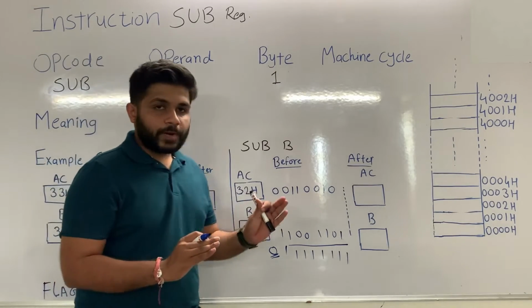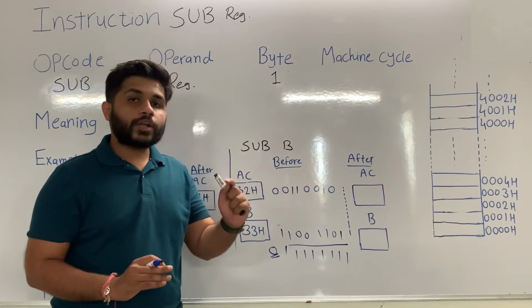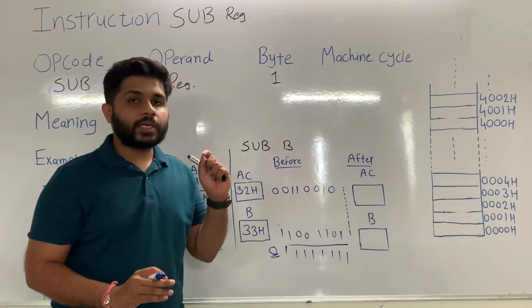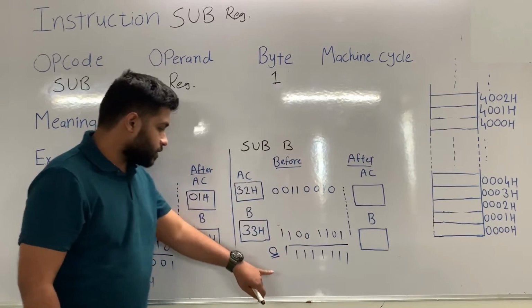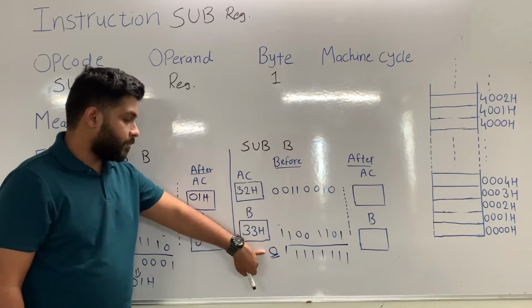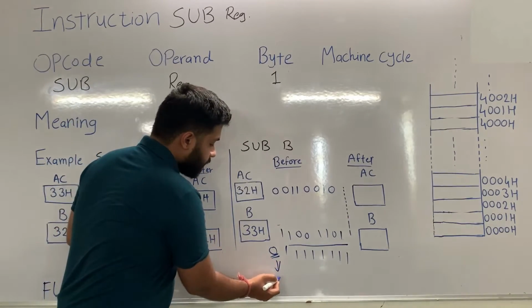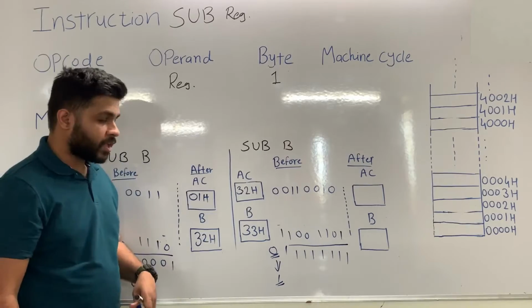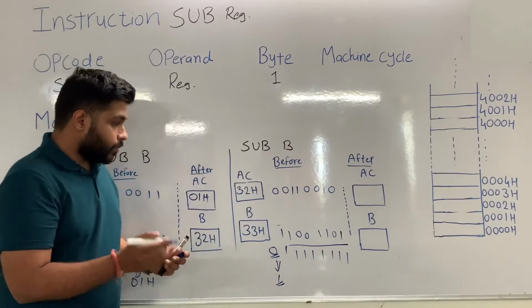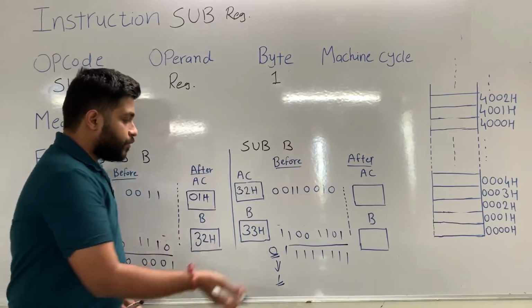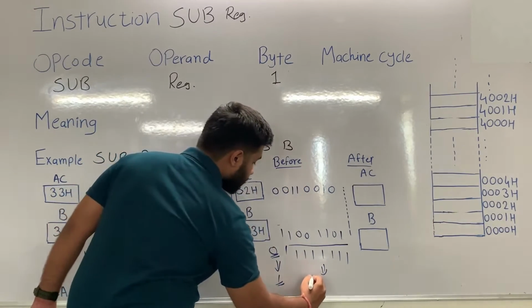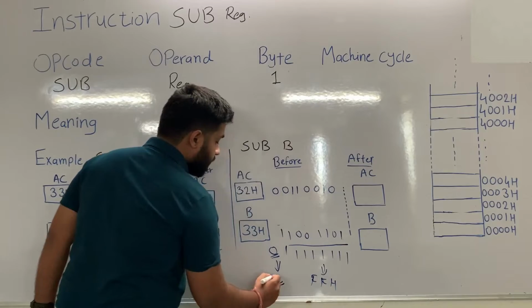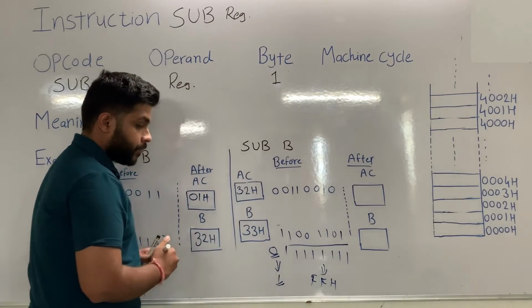After the subtract operation, the microprocessor will complement the carry that we got in the subtraction process. So in the subtraction process, we got the carry 0 and microprocessor will complement that carry and it will become 1. So if you convert this number into hexadecimal, you will get FFH and carry is 1.